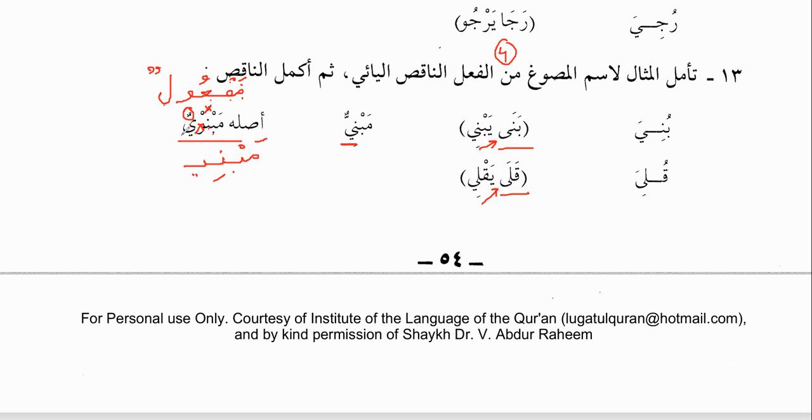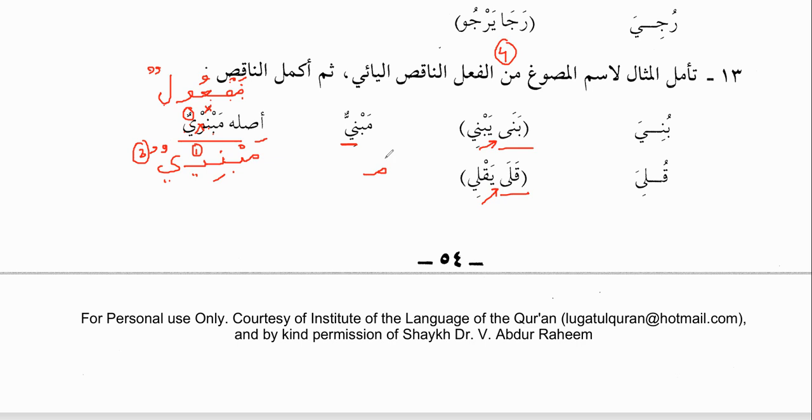So mabni, and the ya here comes from the scale. So I'm writing separately so that you can understand. Mabniyun. So we have two yas, one ya from the present tense, second ya from the scale. So in the proper structure, the ya overlaps. So let's do this.